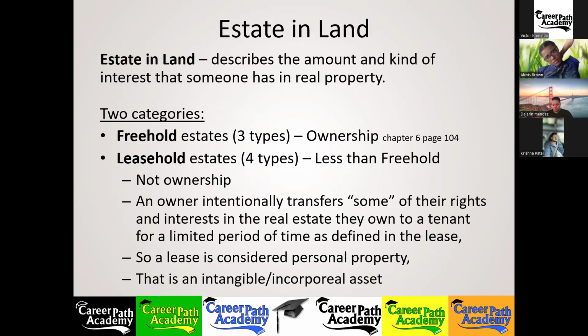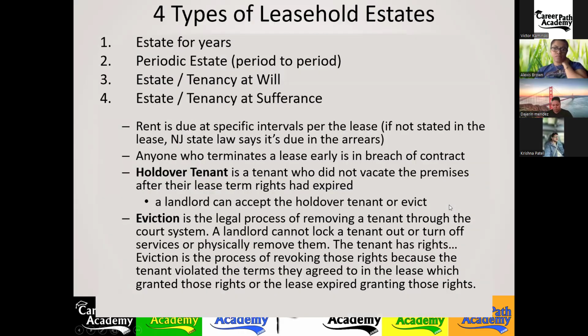So a lease is considered personal property that's an intangible or incorporeal asset. The four types of leasehold estates are estate for years, periodic estate, also known as period to period, an estate or tenancy at will, and an estate or tenancy at sufferance.